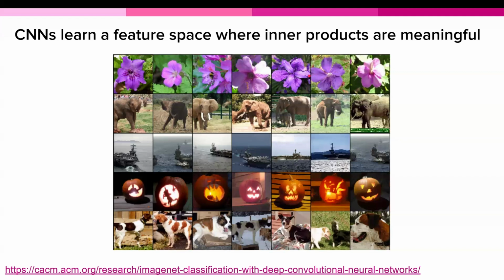So for example, the rows here show that the CNN is going to have similar activations when pictures of flowers are presented, or pictures of elephants, ships, pumpkins, dogs, even though their pixel-level details are going to vary significantly. This reflects the network's ability to recognize patterns and group inputs based on meaningful features rather than low-level differences.